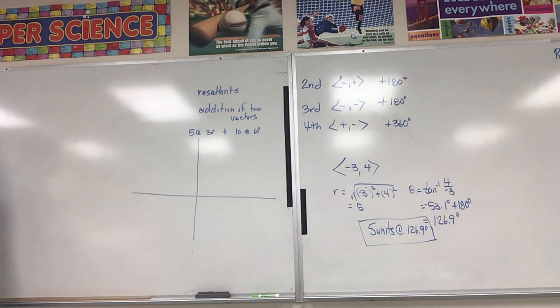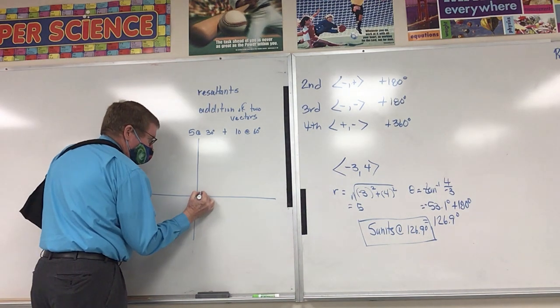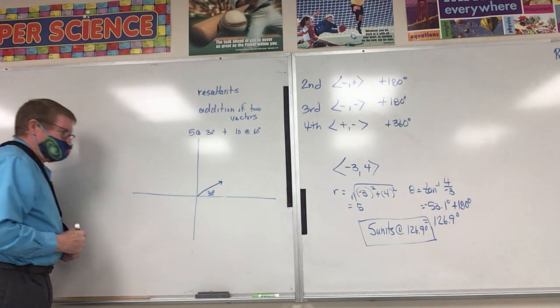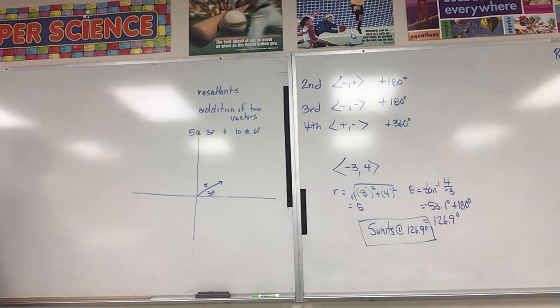Say for instance, if I had these two vectors, 5 at 30 degrees plus 10 at 60 degrees. So that tells me I'm going 5 units at 30 degrees. After that 5 units, then I change directions.